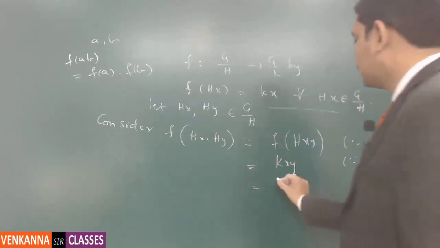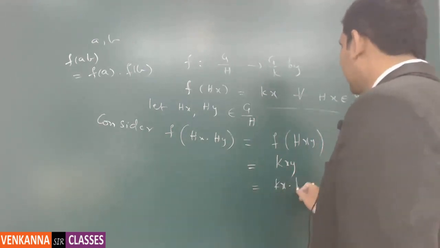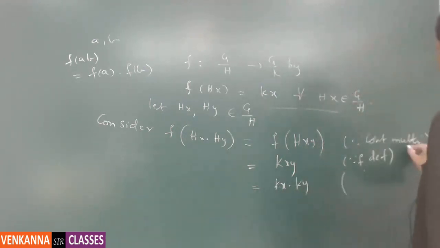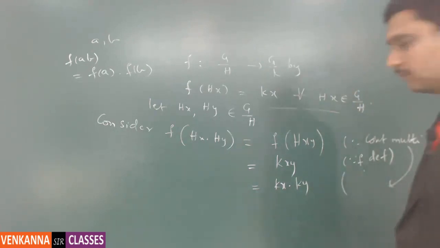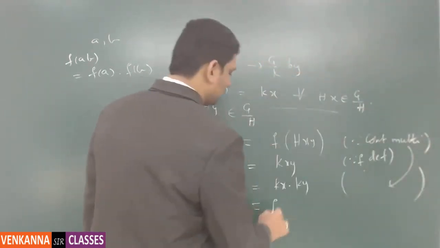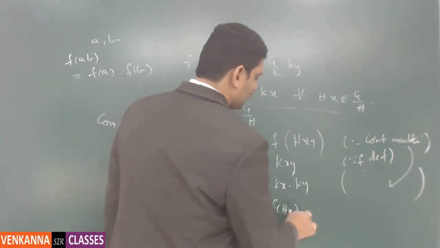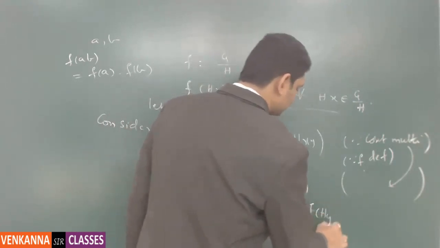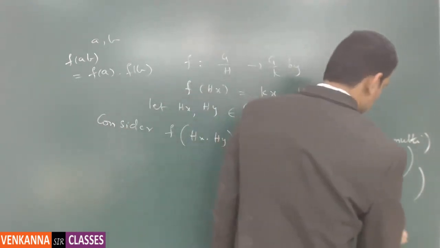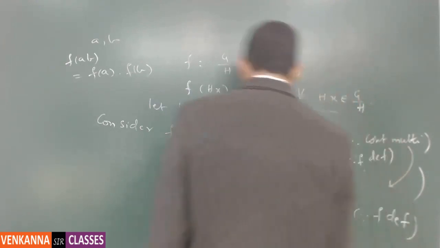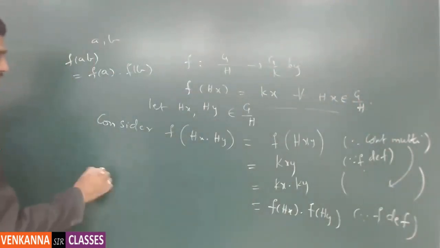Again, using coset multiplication, you can write it as Kx dot Ky. And this is nothing but f of Hx dot f of Hy. Therefore, f is a homomorphism.